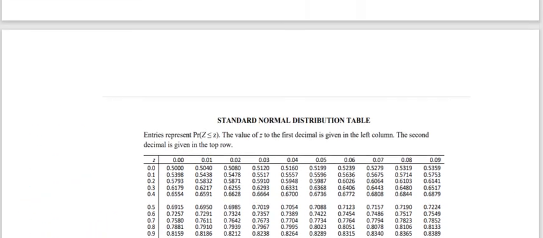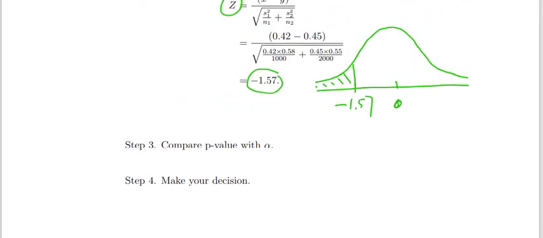Okay, so let's go back. The p-value equals 0.0582. Is this p-value big or small? We just compare it with alpha.